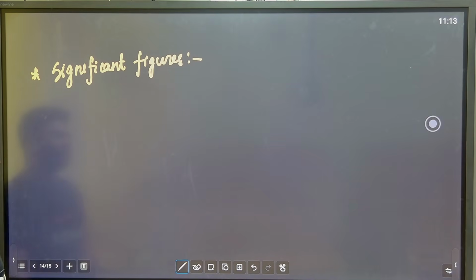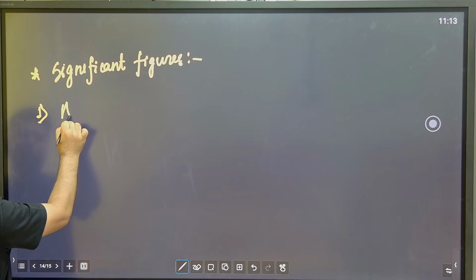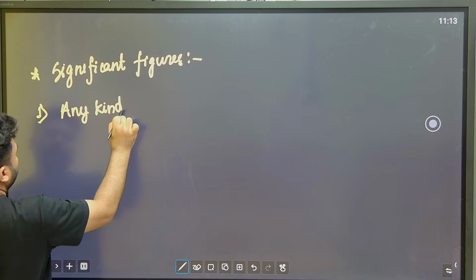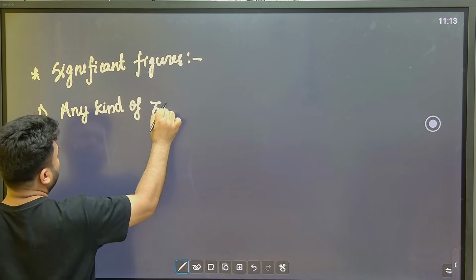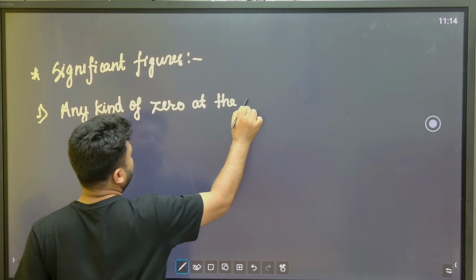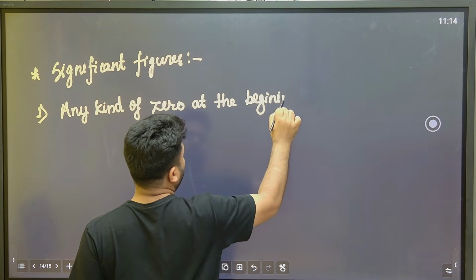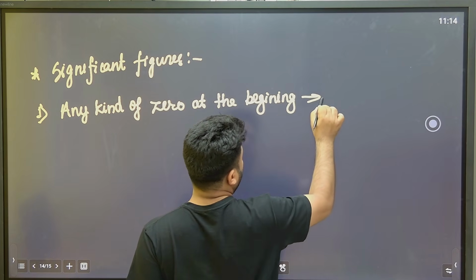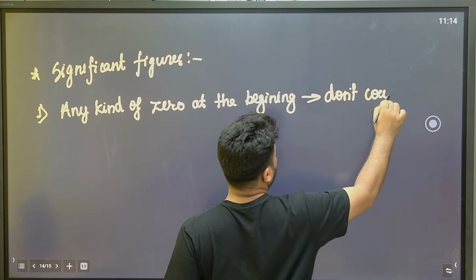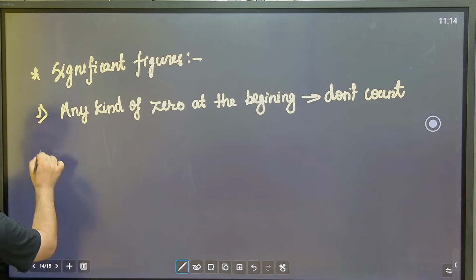See, in significant figures, always remember 2 points. Any kind of zero at the beginning, don't count in significant figures. I will give an example.